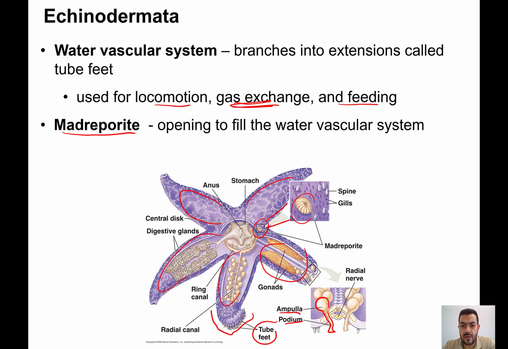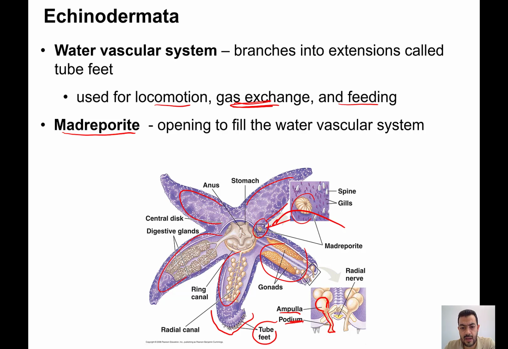So what will happen is, after the water comes in through the madreporite, it will move and fill all the canals and tubes of the water vascular system. It will fill this muscular sac, the ampulla, and then this pressure will cause the podium to move in a certain direction.